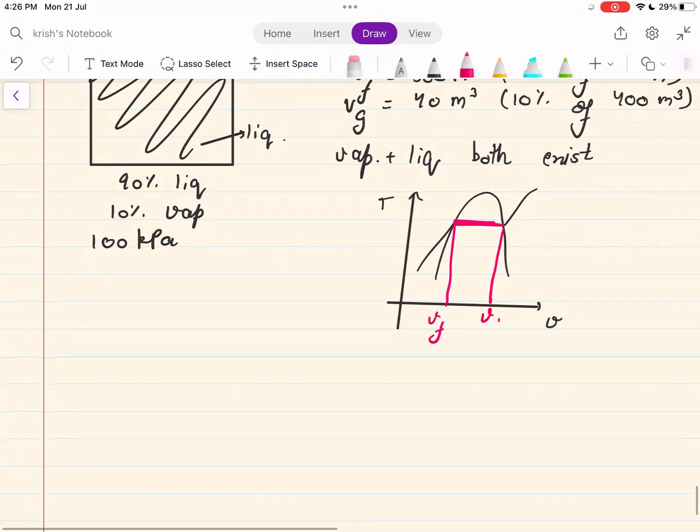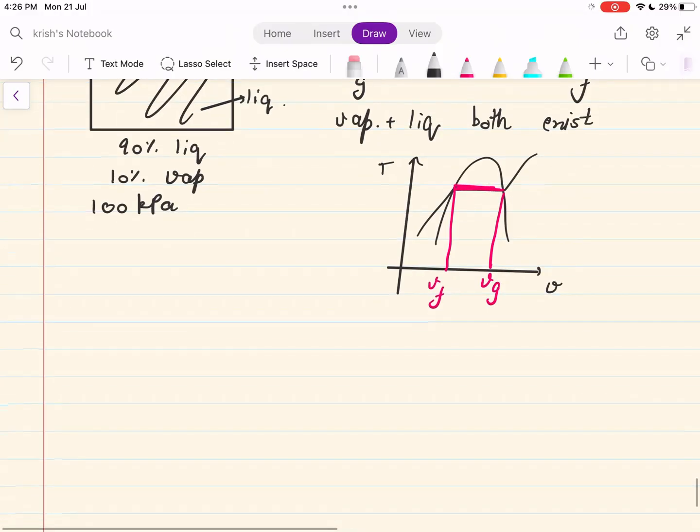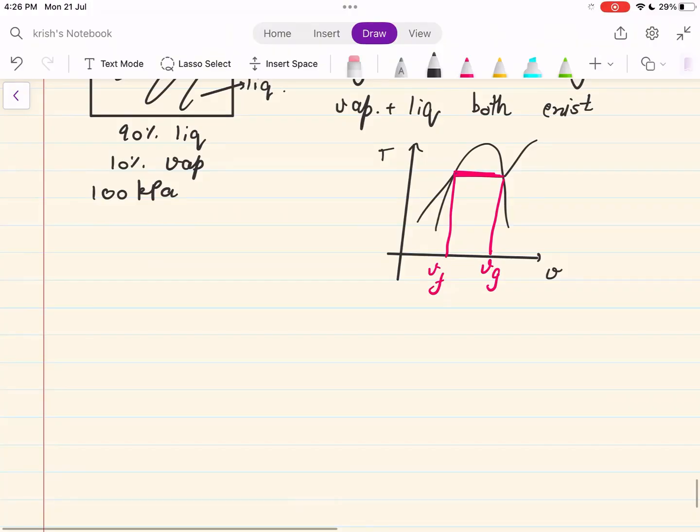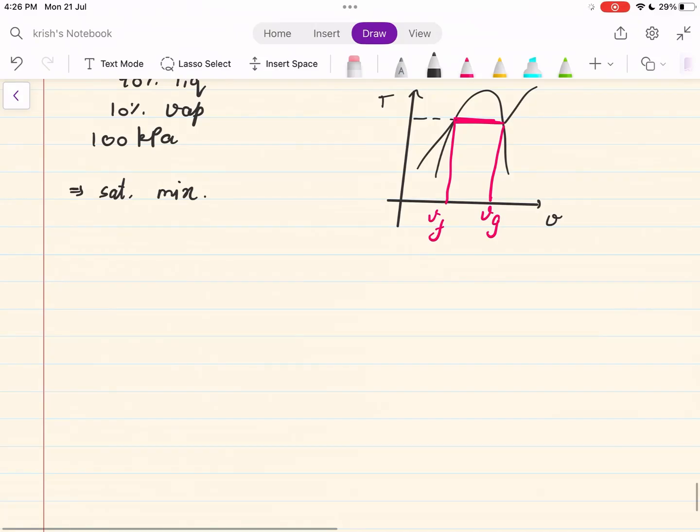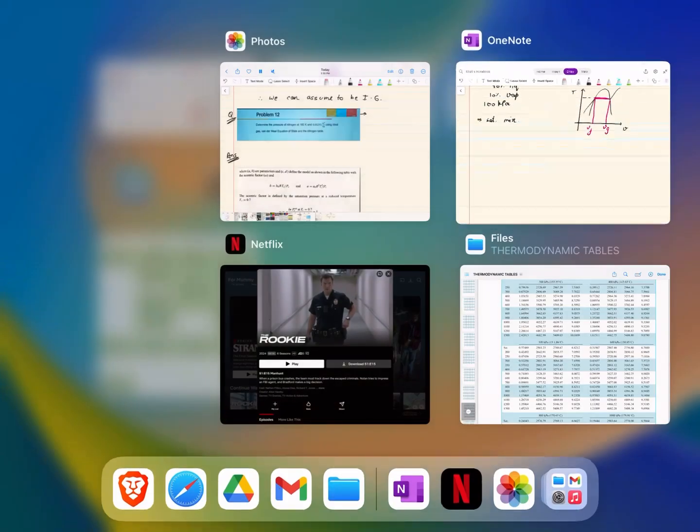So it must have something to do with the Vf and the Vg, right? And clearly, this is a saturated mixture, because both of them are existing. So let us try to find the vf and vg values from the table.